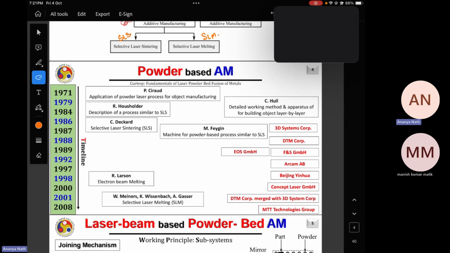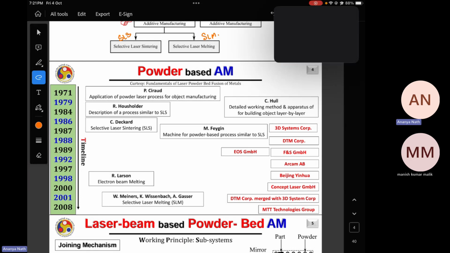But mostly you can remember that there is a company called EOS. So they basically invented most of the part of this powder bed fusion process. They were the first company.